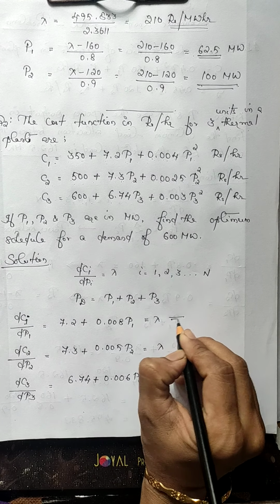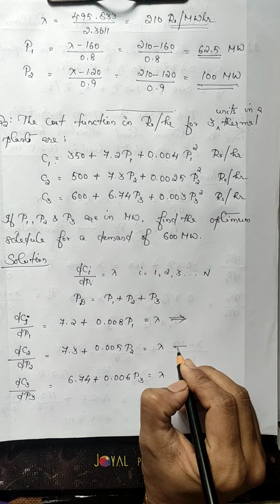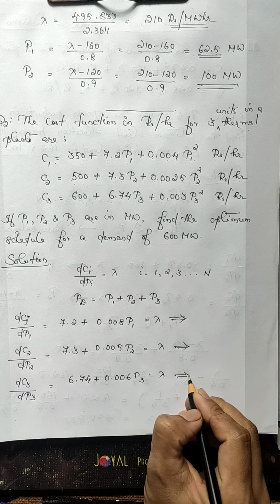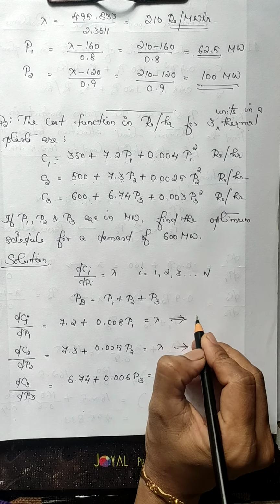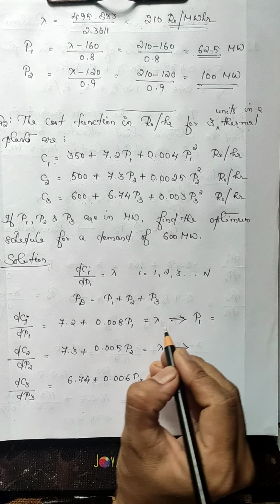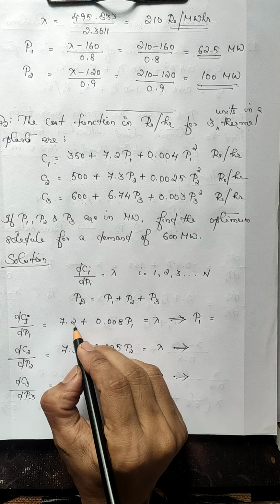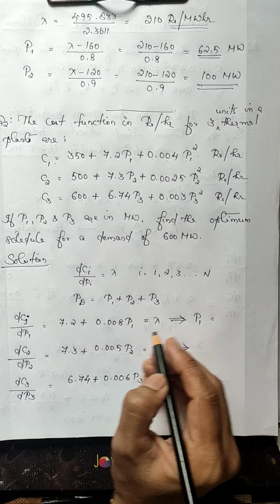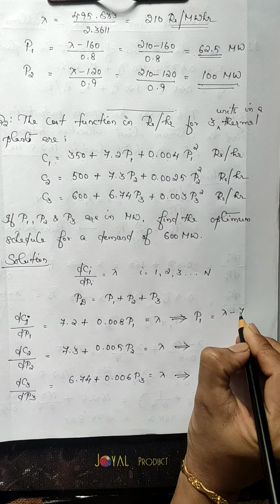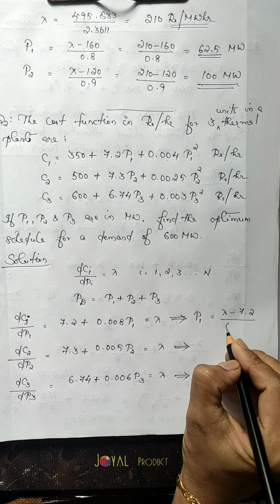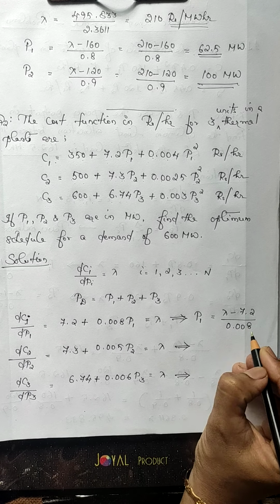Now from all these 3 equations, write down the equation for power generations. That is, from here write the equation for P1, which is equal to lambda minus 7.2 divided by 0.008.